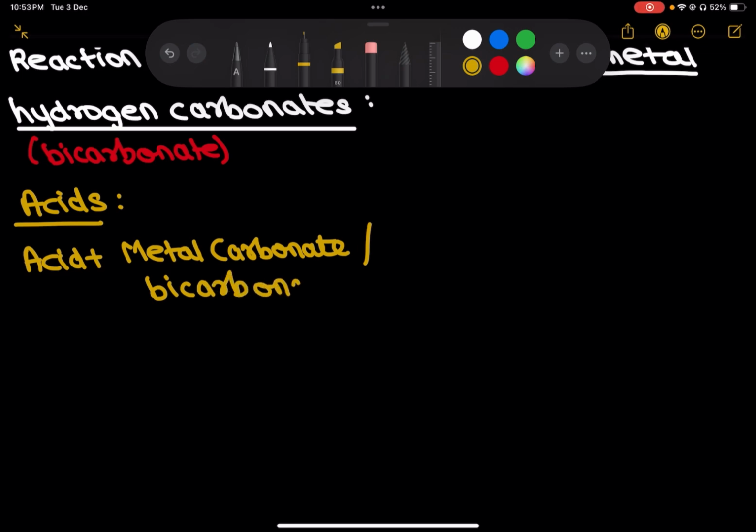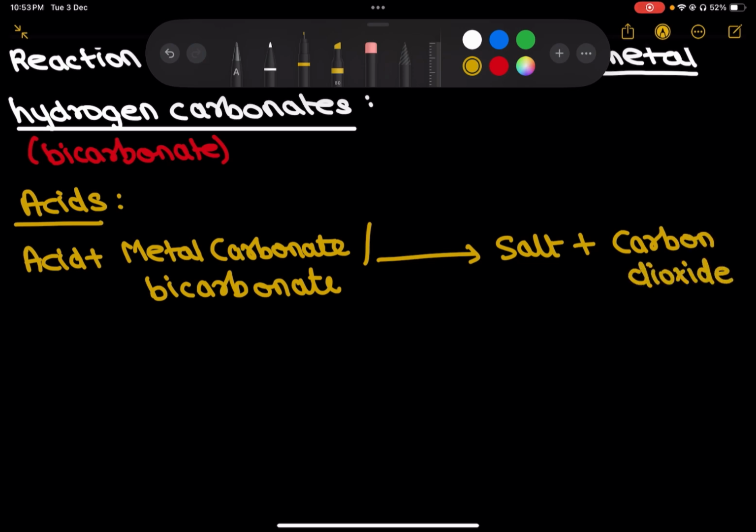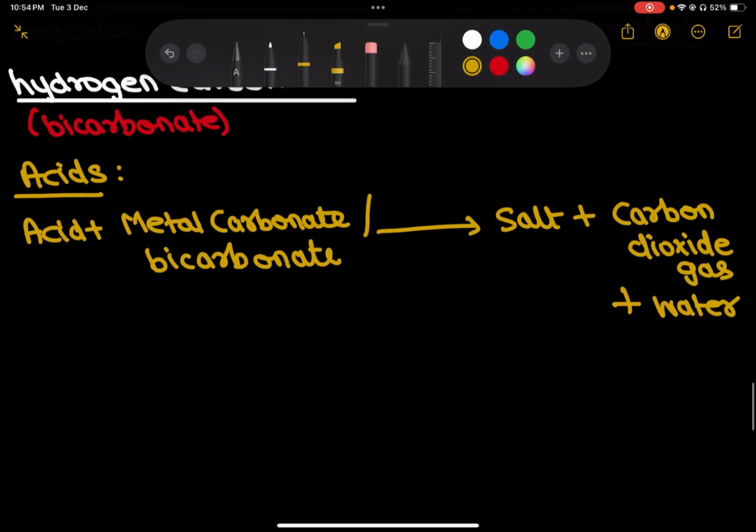So metal carbonate or bicarbonate gives salt plus carbon dioxide gas plus water, right? So this is the basic reaction with acids. Okay, so we'll see through an example, correct?